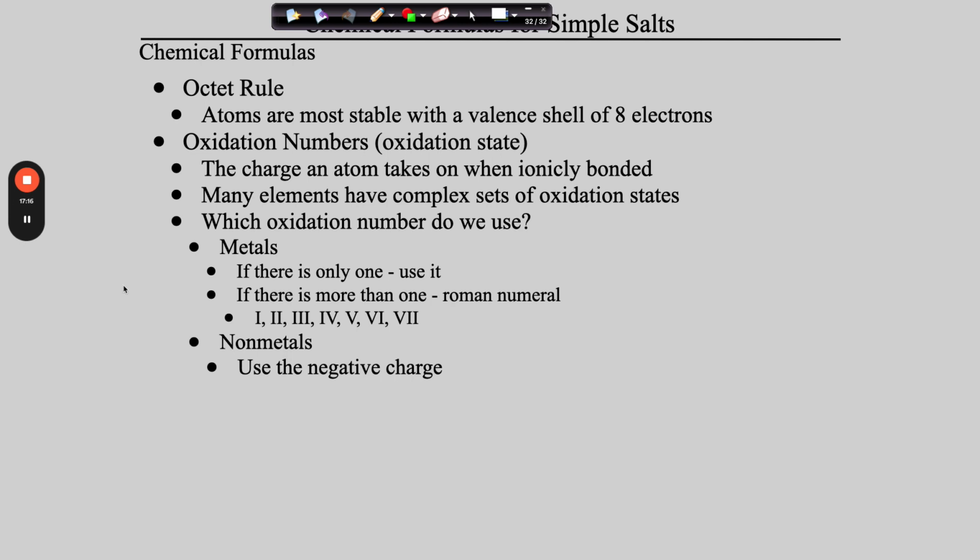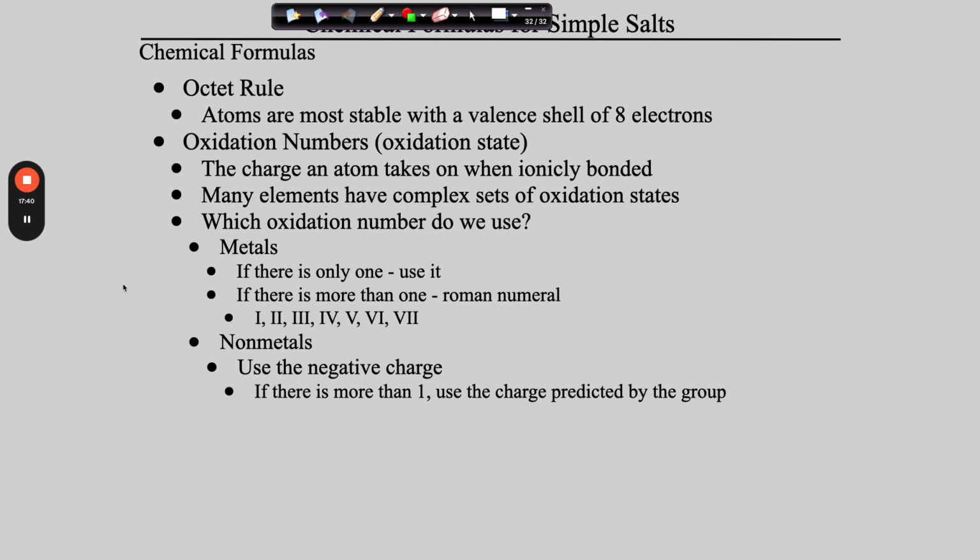Now, what if there's more than one negative charge? Well, guys, then what we're going to do is use the charge that is indicated by the group. So, for example, look at nitrogen. Give you a second to write this down. If there's more than one charge, we're going to use the charge predicted by the group.